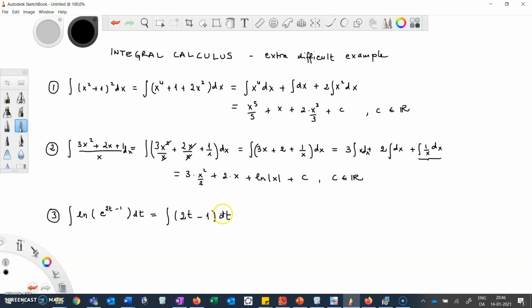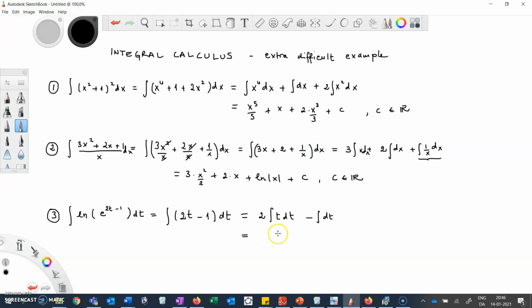Don't be scared if the variable changes, that can happen, okay? It's just a name, it's just a notation. So this is actually the integral of what? Well, I can take out the constant here and therefore have the integral of t dt, and then minus the integral of 1 times dt.